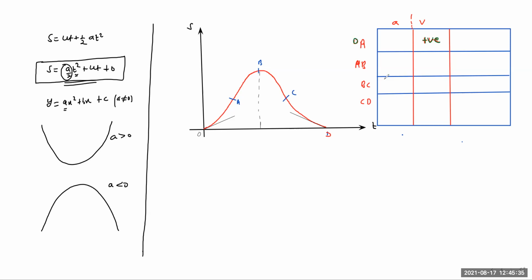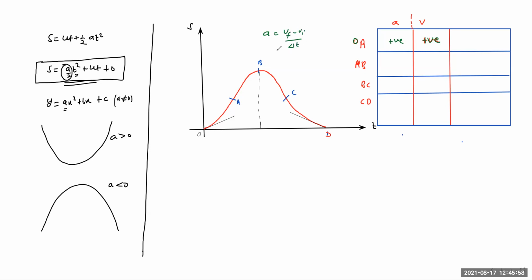Now let's look at the acceleration part. As we go from O to A, slope will increase in value. So the positive number is the slope, and that number is increasing. A will also be positive. Why? Because acceleration is defined as V final minus V initial by time.